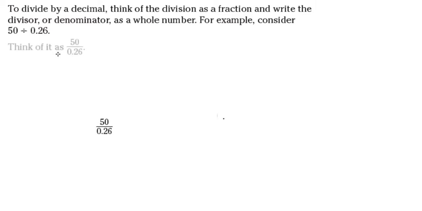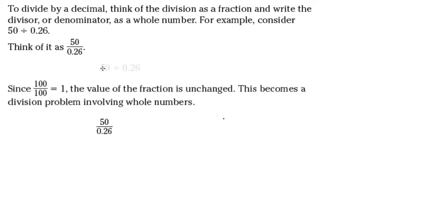Think of it as 50 over 0.26. 50 divided by 0.26 will be the same as 50 over 0.26, multiplied by 100 over 100, which is also equal to 1. It will be 5,000 over 26 to get rid of our decimal. Since 100 over 100 is equal to 1, the value of the fraction is unchanged. This becomes a division problem involving whole numbers.